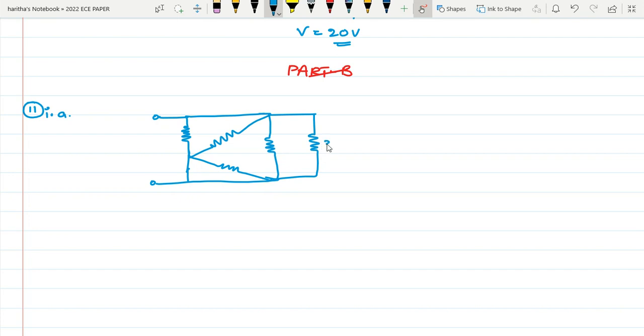Thirty volts, 70, 175 ohms, 35 ohms, 12.5 ohms.